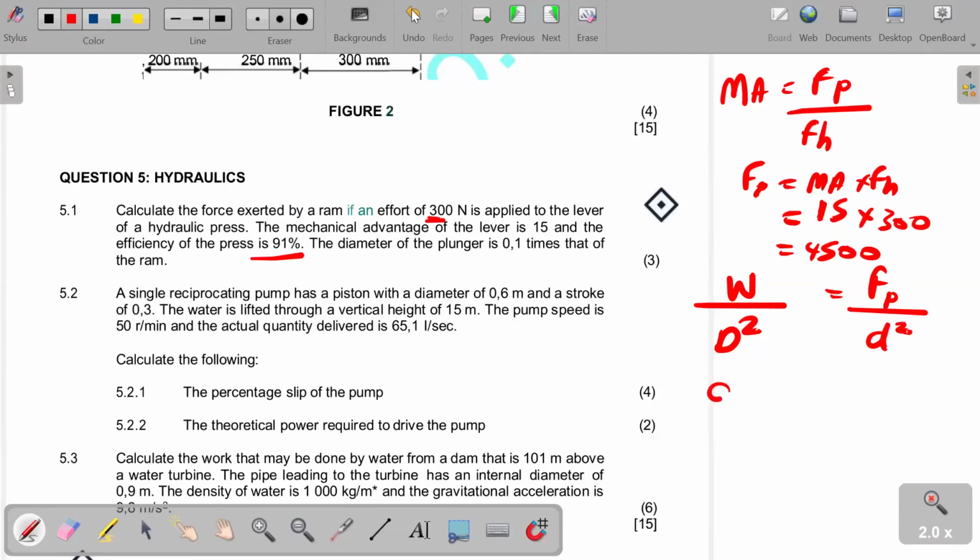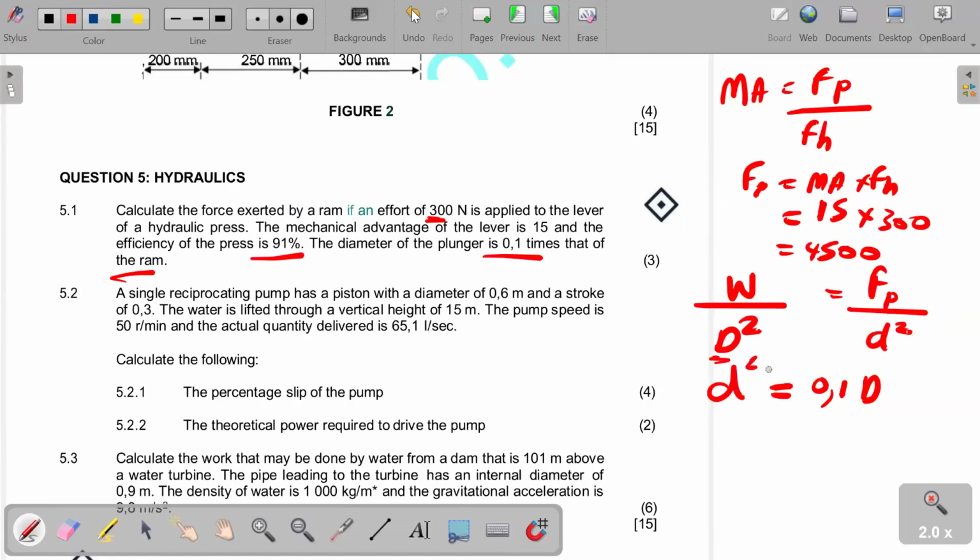Okay, but we have been told that the diameter of the plunger is equal to 0.1 times the diameter of the ram. That's what we have been told. The diameter of the plunger is 0.1 times that of the ram. Okay, so it means, therefore, we can substitute D, uppercase D, the diameter of the ram.